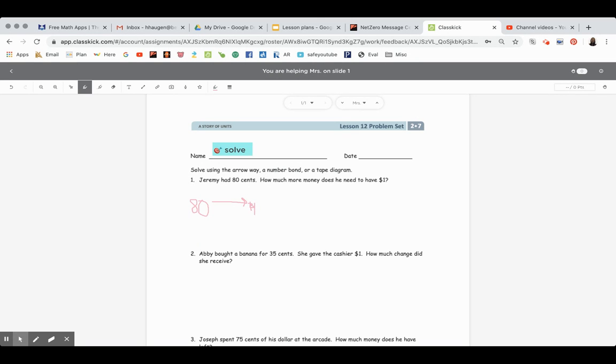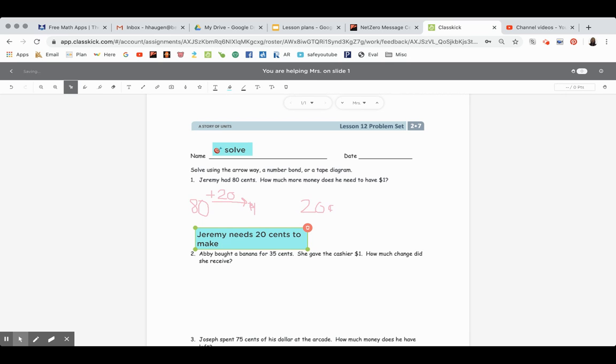Counting by tens? How many tens would that be? 80, 90, 100. Well, this one is simply 20, right? You count by tens 2 times. So how much more money does he need? He needs 20 cents.